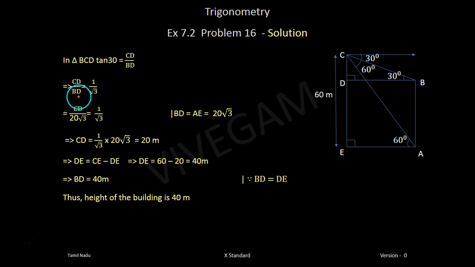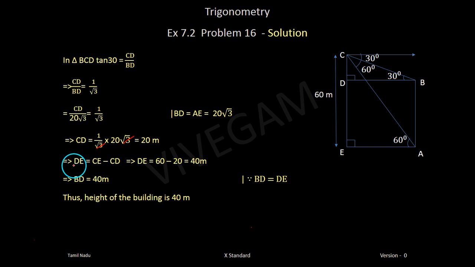We calculated AE in the previous triangle, but AE and BD are equal. So the equation will become CD divided by AE, which is 20 root 3, equal to 1 by root 3. Right? So this CD will be 20 root 3 by 3. The root 3 and root 3 will get cancelled, and we will get CD as 20 meters.